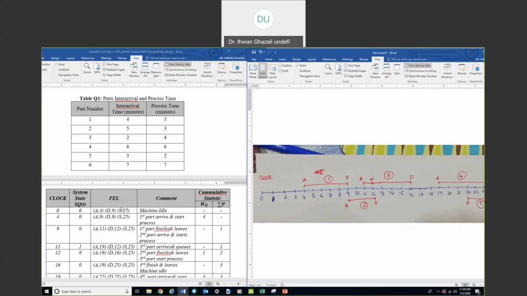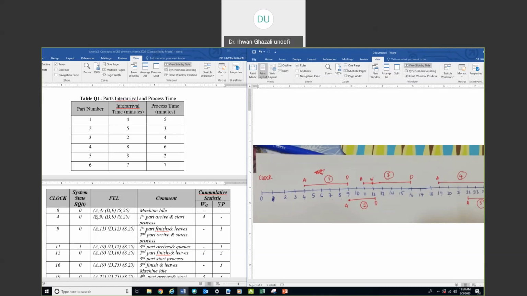Now we continue to the second line. The starting point is minute 4, right? So the present time will be 4 here, 4, and also for the future event list.